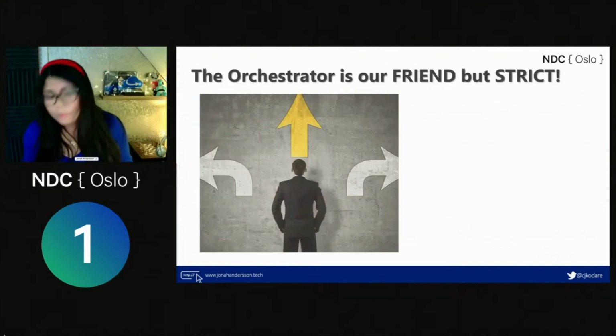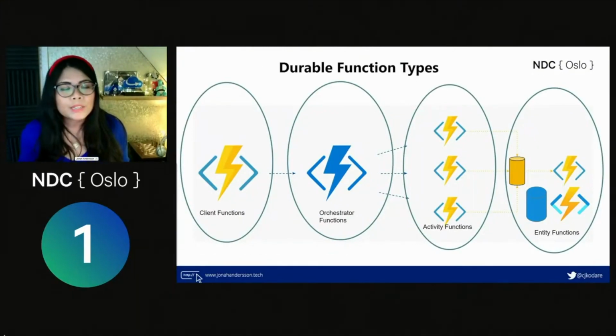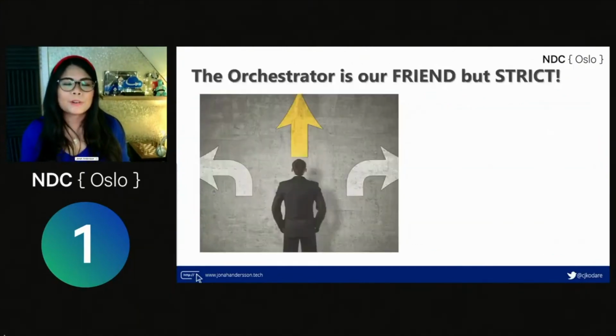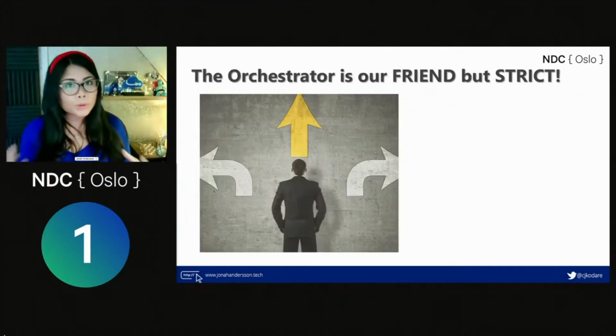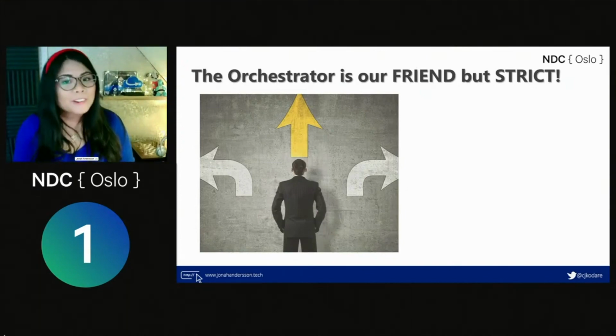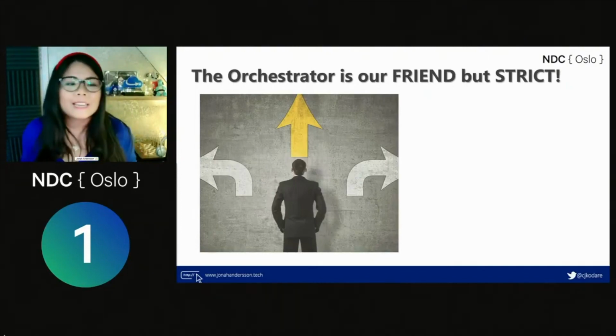So of all the types that we see here, I want to focus on the orchestrator, because the orchestrator, that's where we write our workflow. So that means that the orchestrator is our friend. However, the orchestrator is also strict. Why is that?